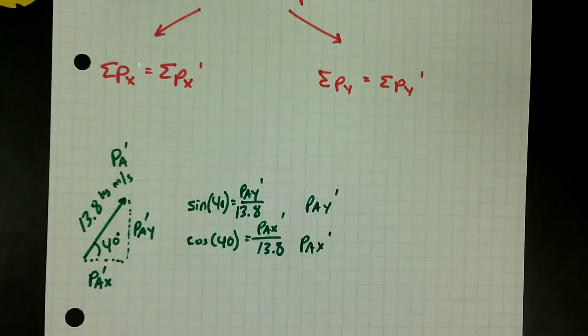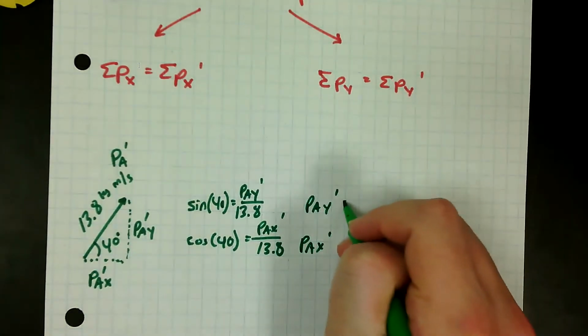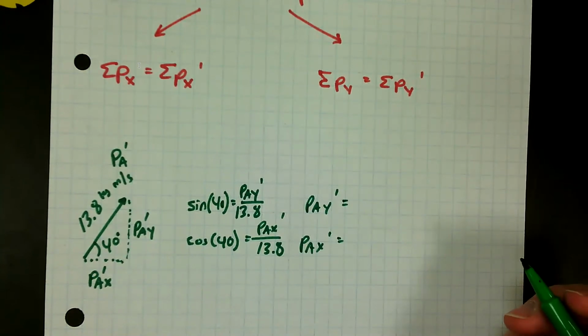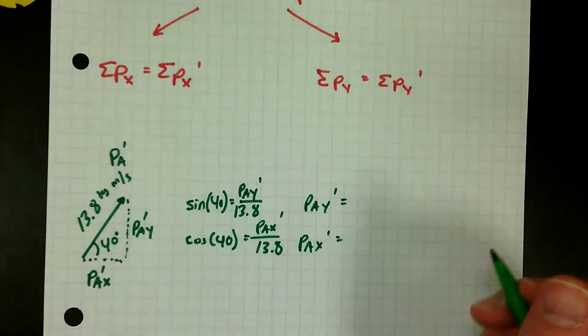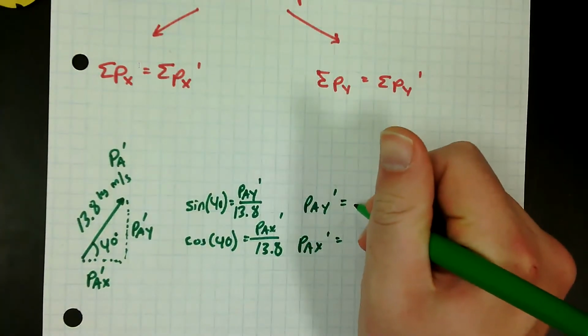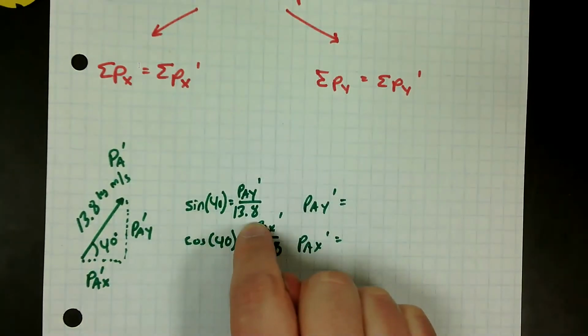I might have either of these. Go ahead, Leo. Did you multiply that by 13.8 yet?